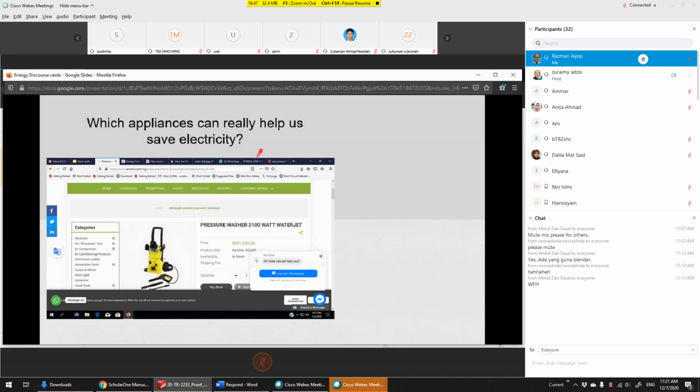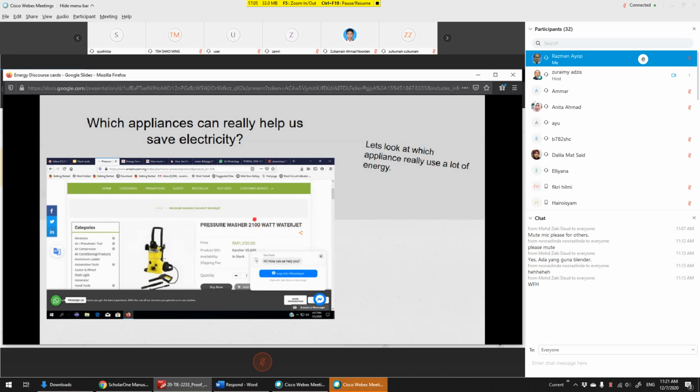Okay, which appliances can really help us on saving electricity? If you look at the figure there, I share with you a pressure washer. The power rating is 2100 watt water jet.